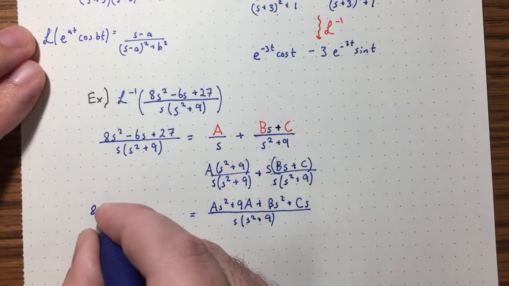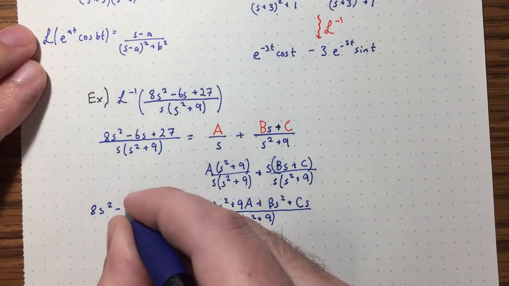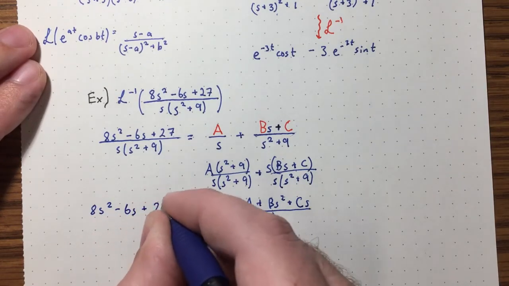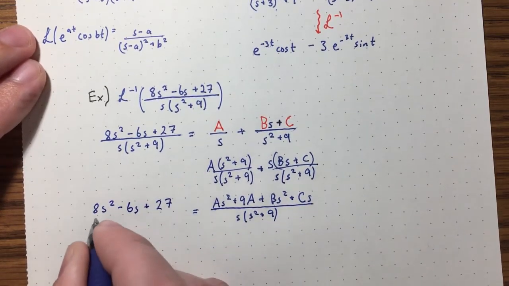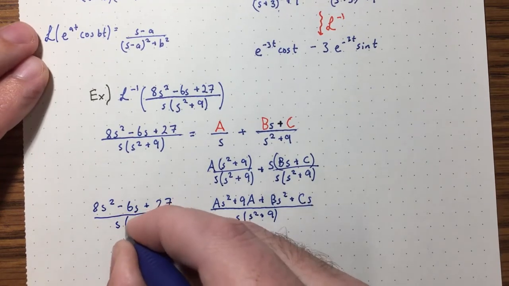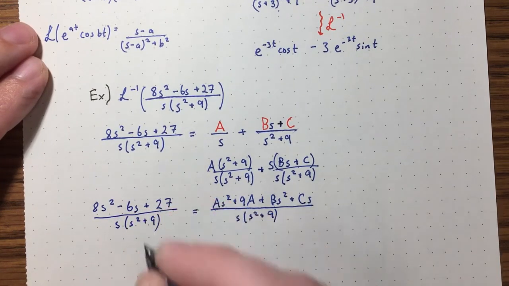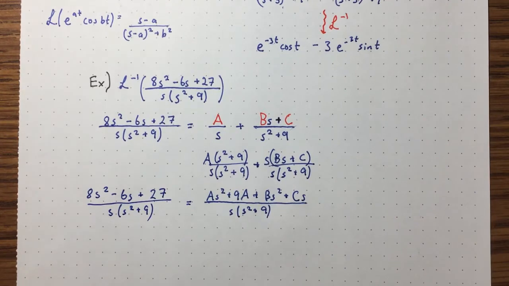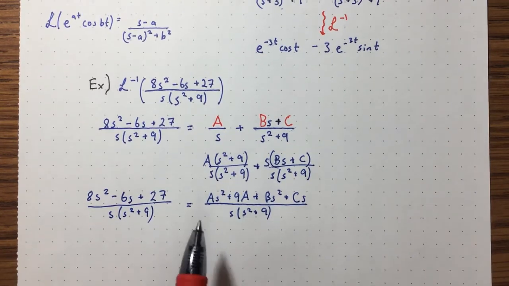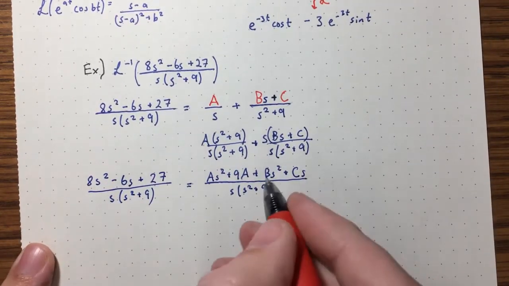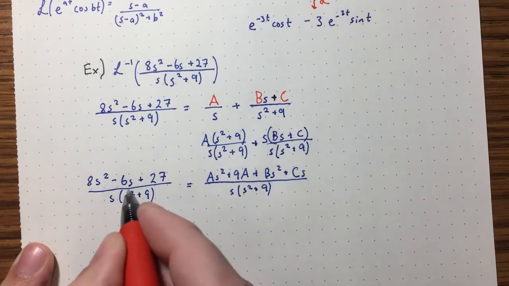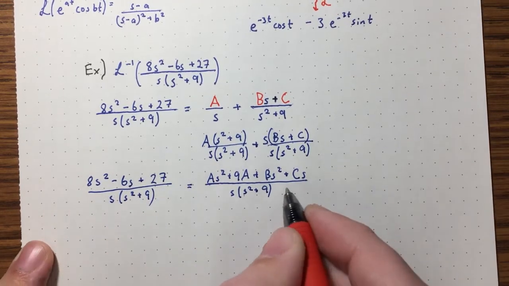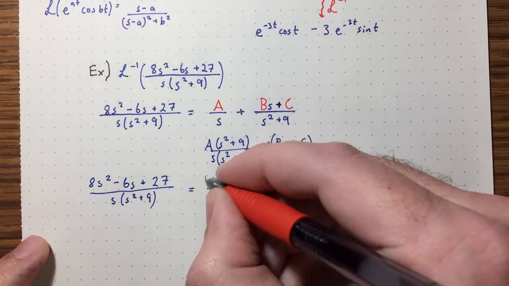I want my numerator to actually be 8s squared minus 6s plus 27 over this denominator. And how will I do that? Well, I have s squared terms, I have s terms, and I have constant terms. So here are my s squared terms.